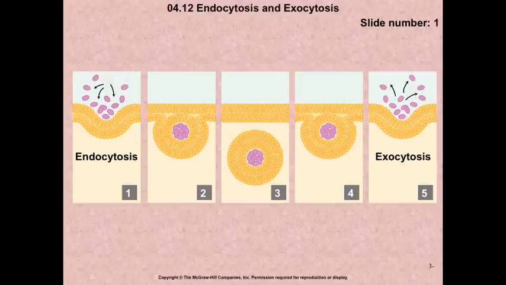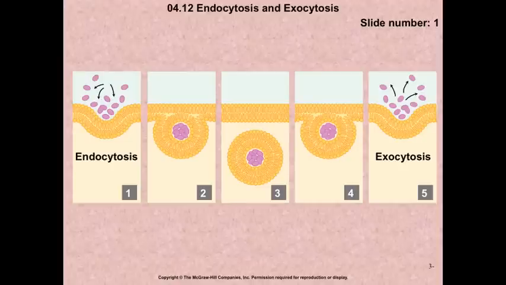Now the opposite of this can also occur, in which a cell can form a vesicle out of phospholipid bilayers, fill the vesicle with some kind of substance, and then push that vesicle toward the membrane. As the vesicle touches the membrane, it becomes part of the membrane, and then the membrane opens up, releasing the molecule to the outside. That process is known as exocytosis.